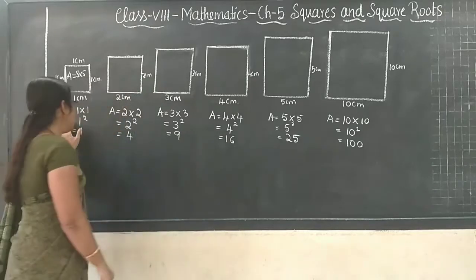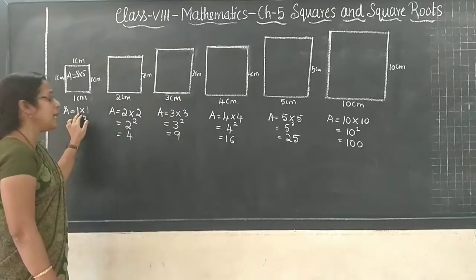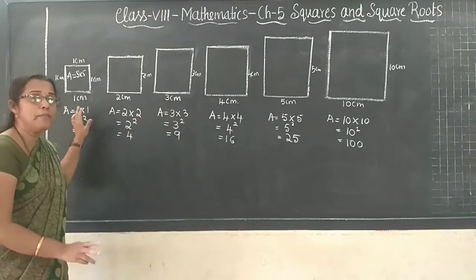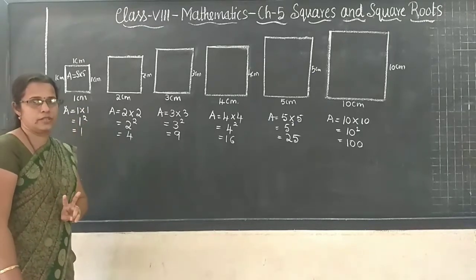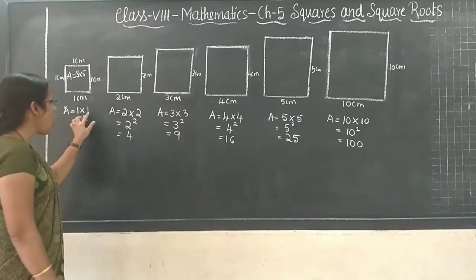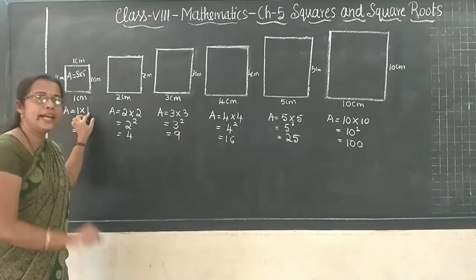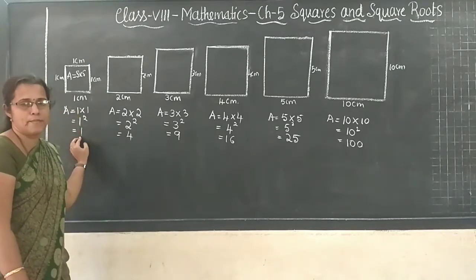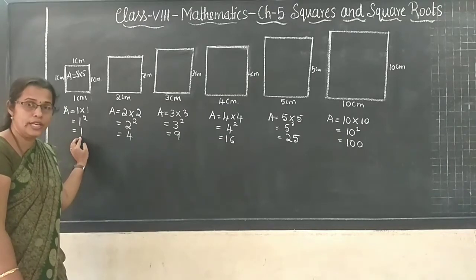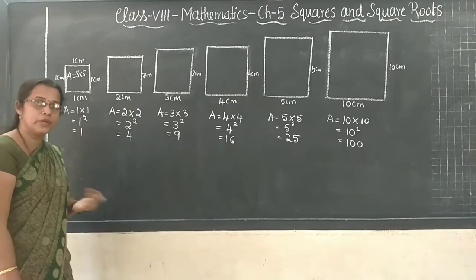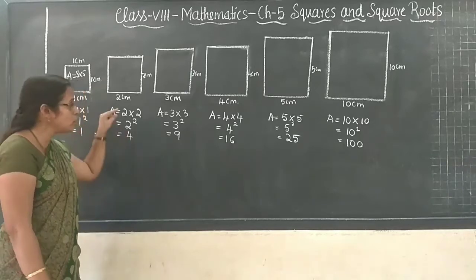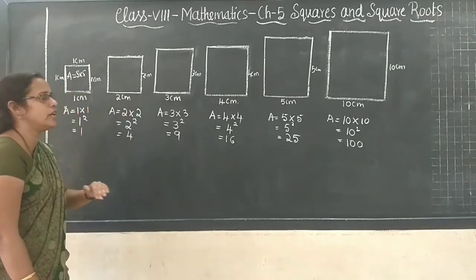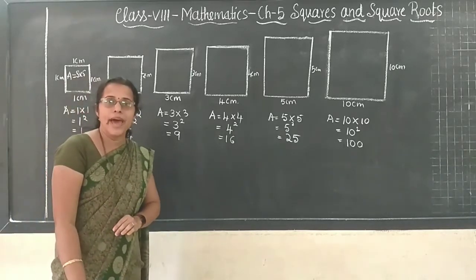Because the number is obtained by multiplying the same number twice. So the product of a number with itself gives a square number. Product of a number with itself is called a square number.